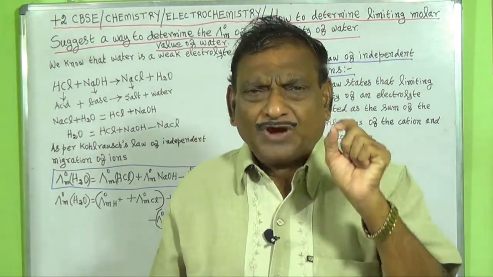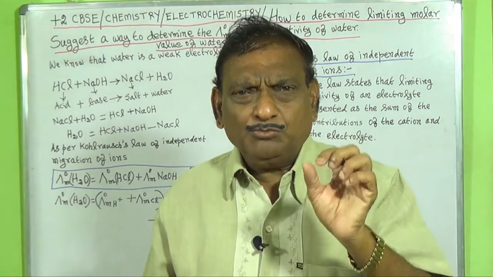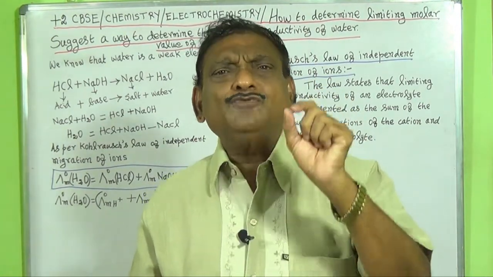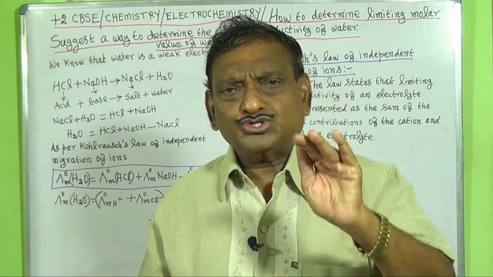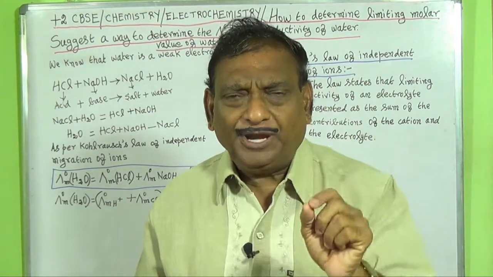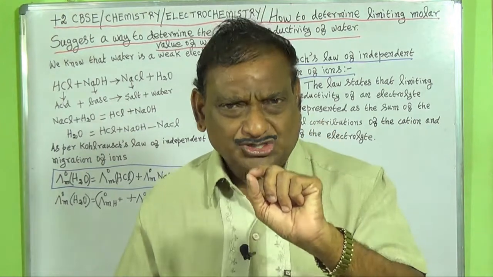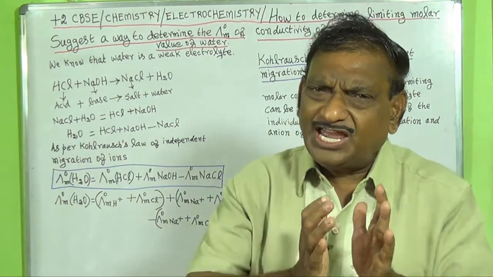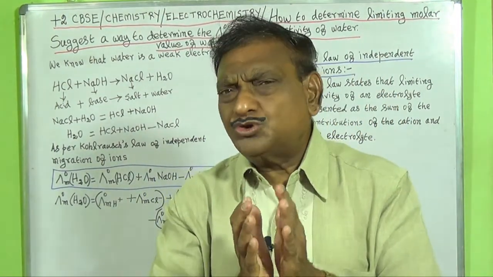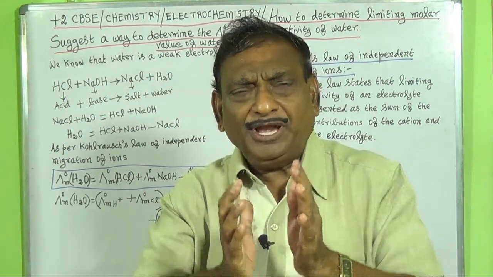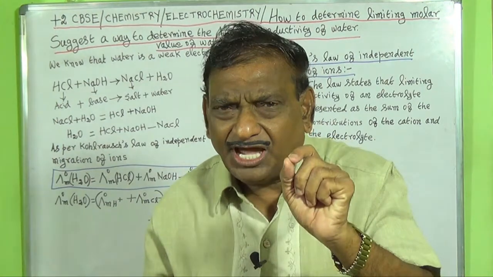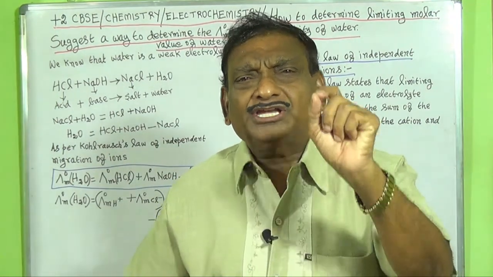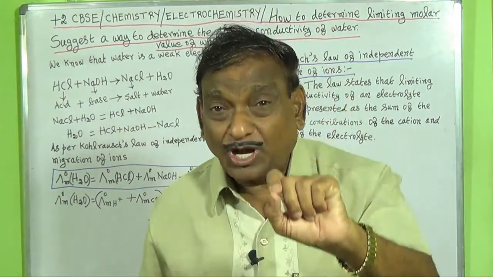We have to find the limiting molar conductivity of water applying the Kohlrausch law of independent migration of ions. Why should we select the Kohlrausch law in order to determine the limiting molar conductivity of a weak electrolyte?